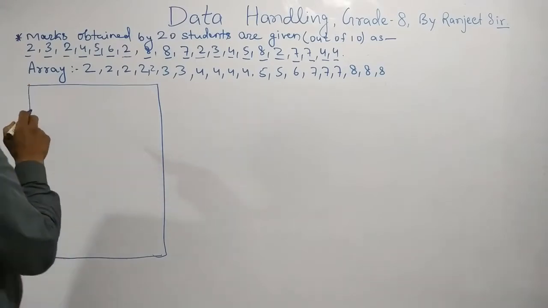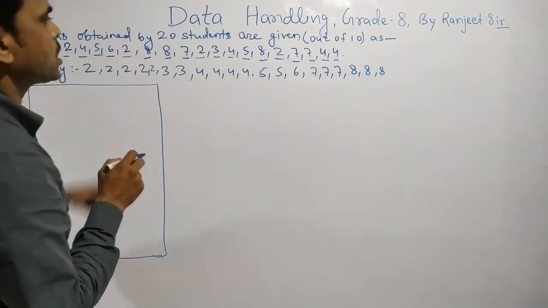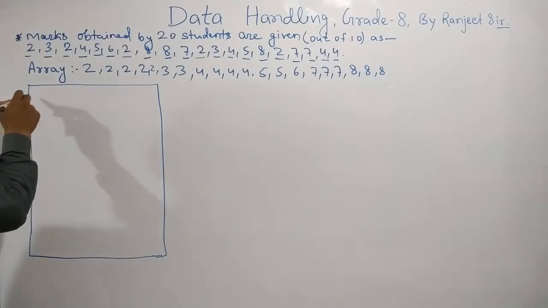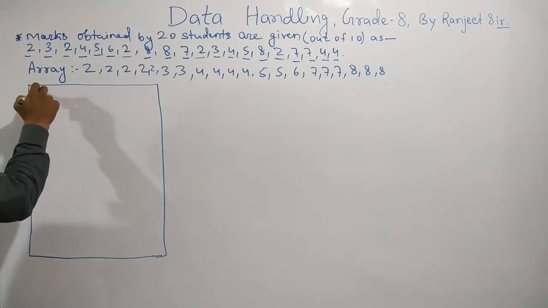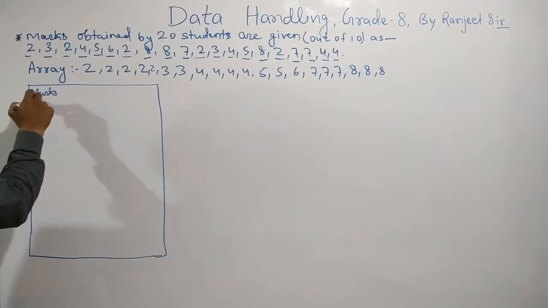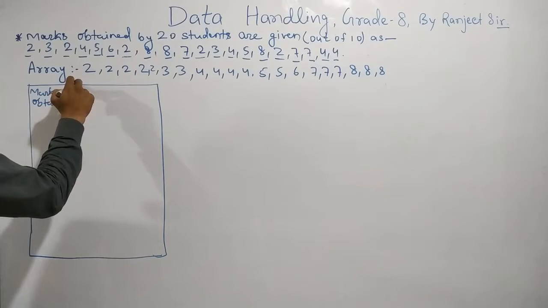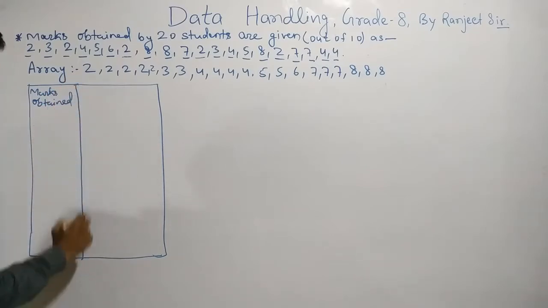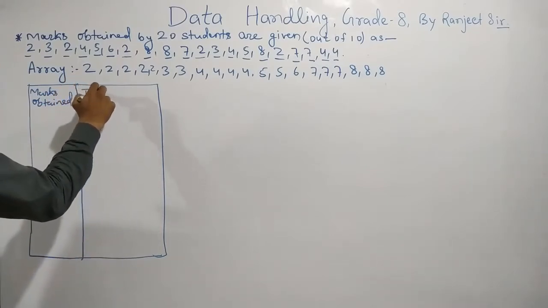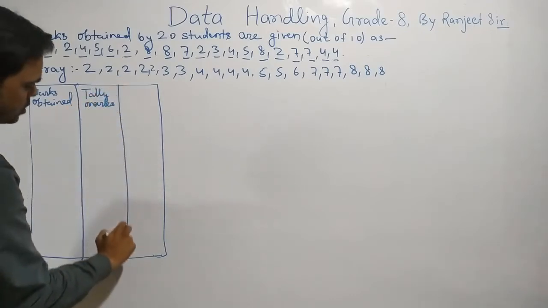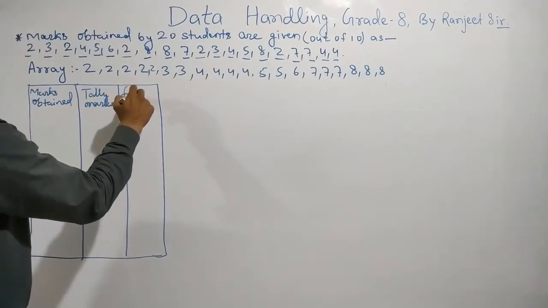As this is the marks obtained by 20 students, you can write here marks obtained. In the middle we'll write tally marks, and then in the last will be frequency.